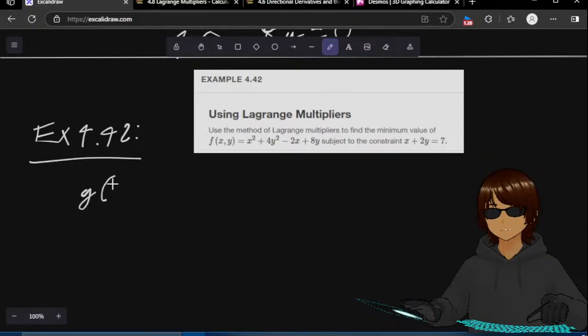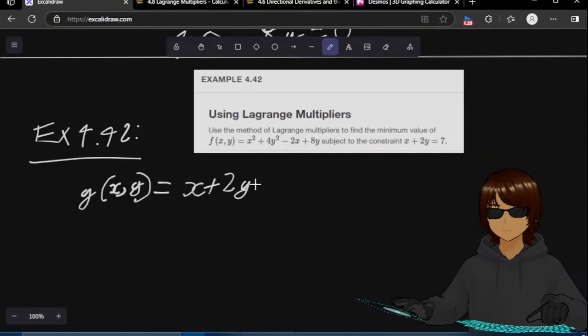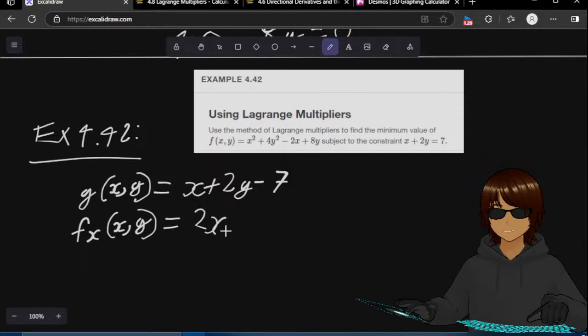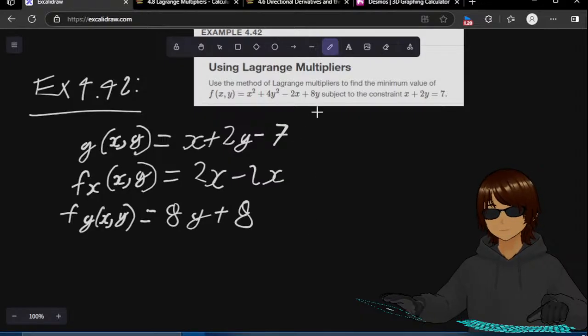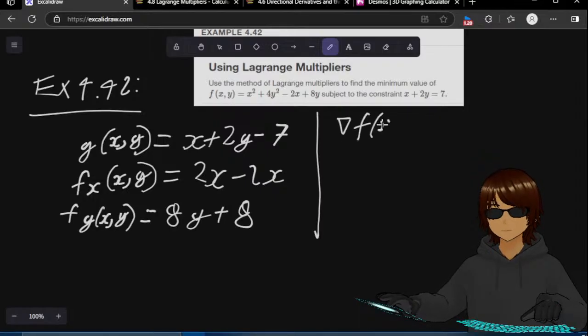So g of xy plus 2y minus 7, 2x minus 2, and then 8y plus 8.